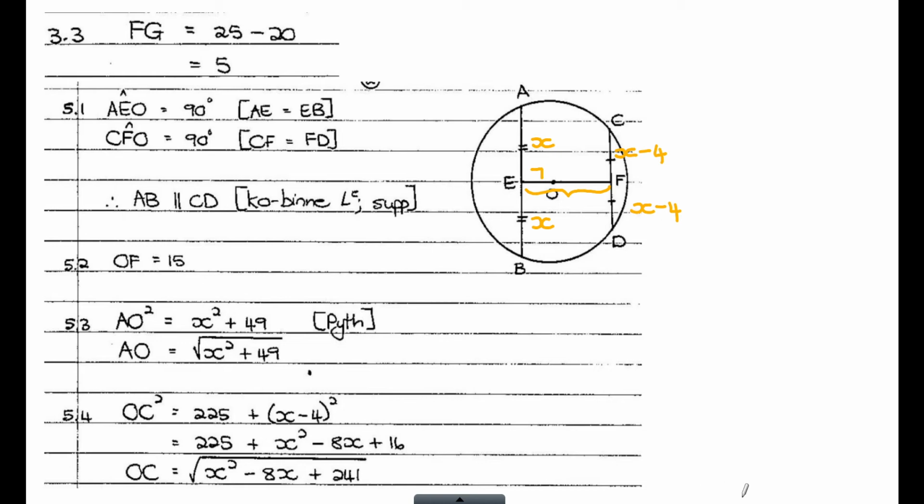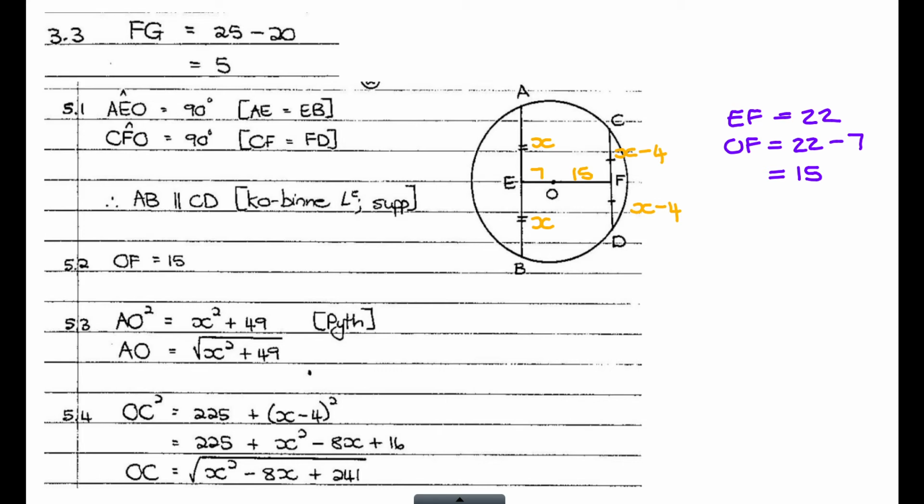Nee, is julle reg? Ek gaan hier vir jou skryf. EF is mos 22. Okay, so OF is dan 22 minus 7, met ander woorde 15. So I'm going to write that in there. Right. So this will be 15.